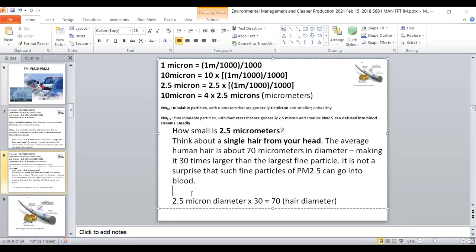Yes, there is a high risk of getting these toxic particles.